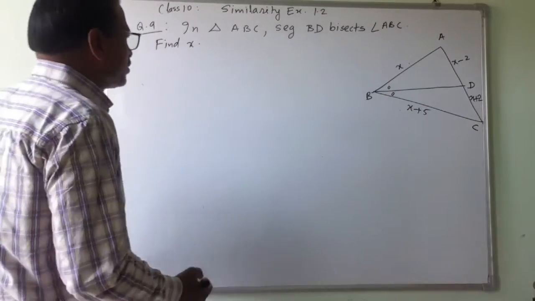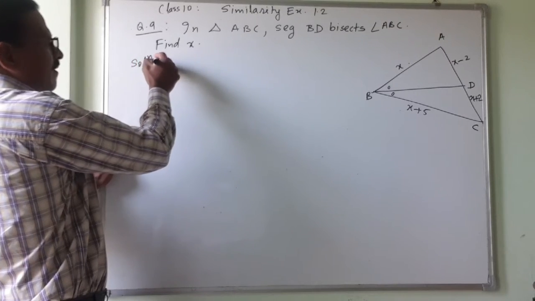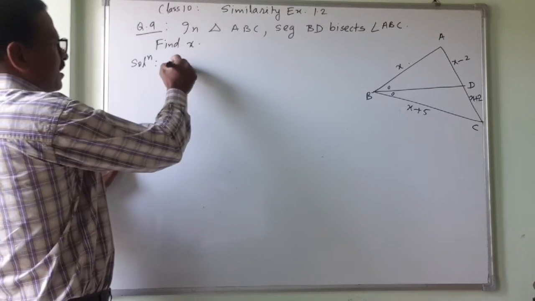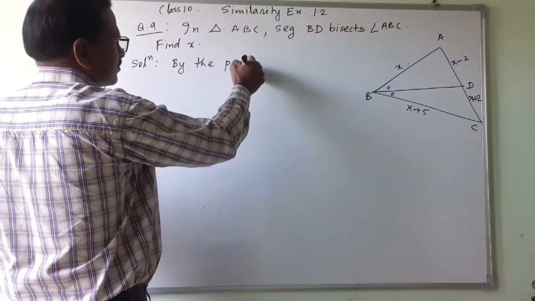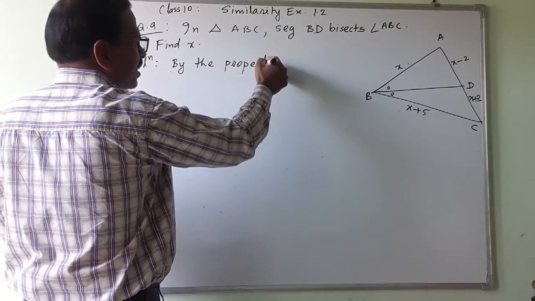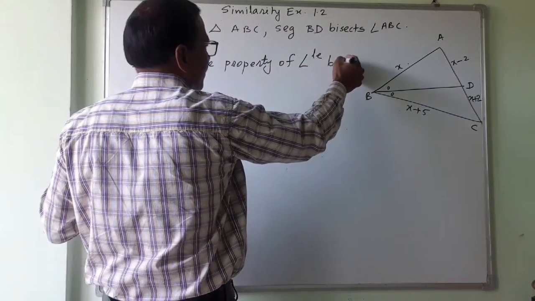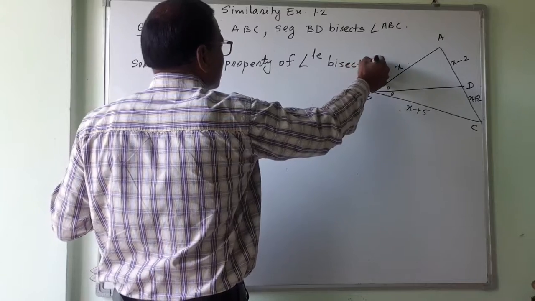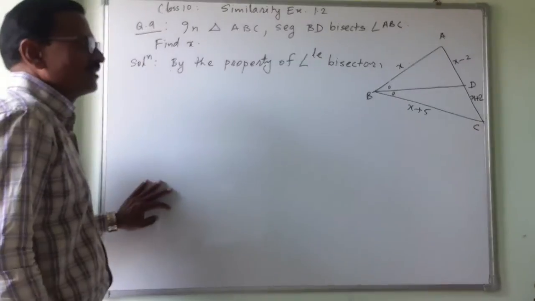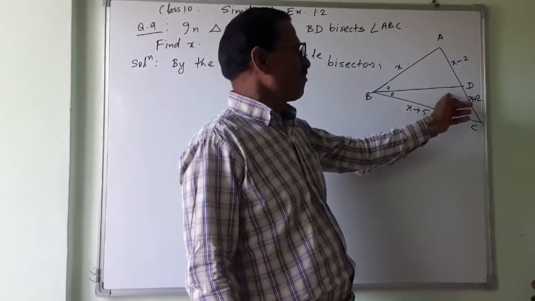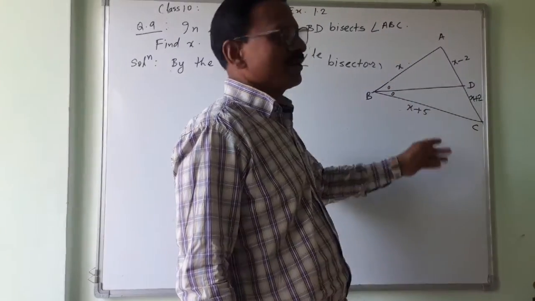So solution, by the property of angle bisector, the ratio of the segments formed by the angle bisector is equal to the ratio of the remaining two sides.